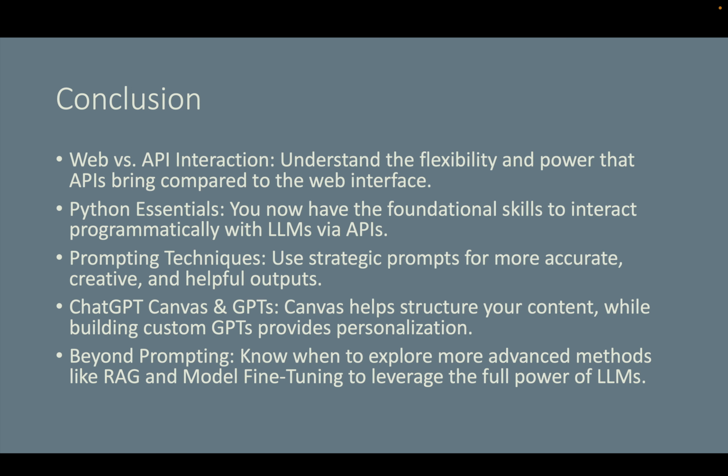These tools can help you get more accurate and relevant outputs. We also looked at features like ChatGPT Canvas for interactive experience and how to build custom versions of ChatGPT to fit specific needs. Lastly, we touched on advanced methods like Retrieval-Augmented Generation, or RAG, and model fine-tuning. They are helpful when the base model's capabilities need enhancement or when domain-specific knowledge is required.